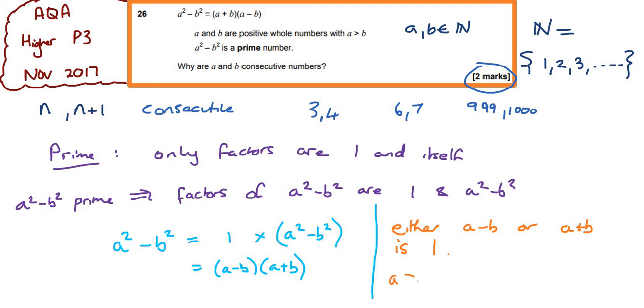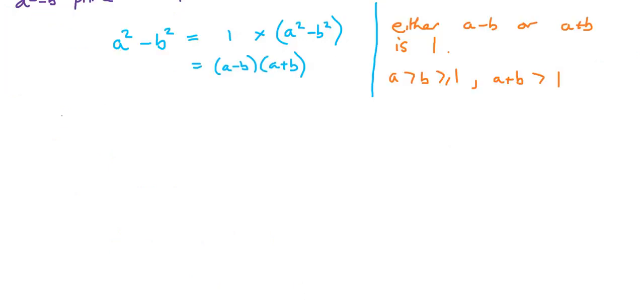So a plus b must be bigger than 1, because b is bigger than 0, because they're natural numbers. So a plus b cannot be 1. If we allowed negative numbers, that would be fine, but a plus b cannot equal 1, so therefore we must have that a minus b equals 1, and so a equals b plus 1.